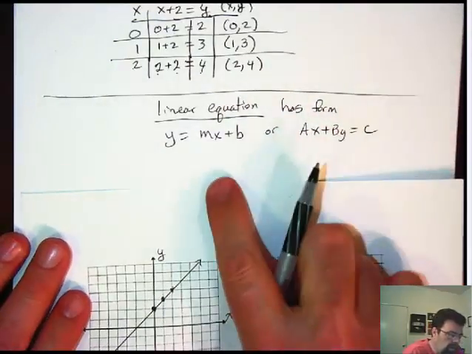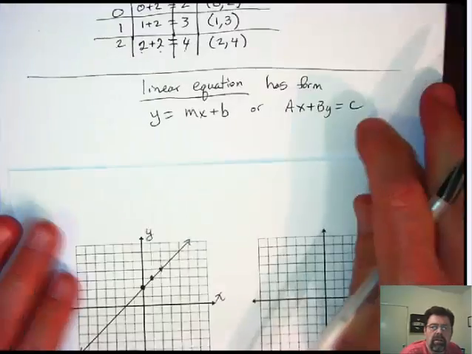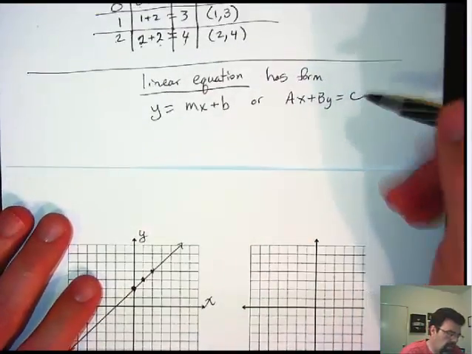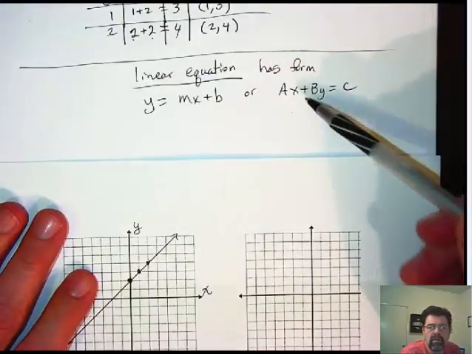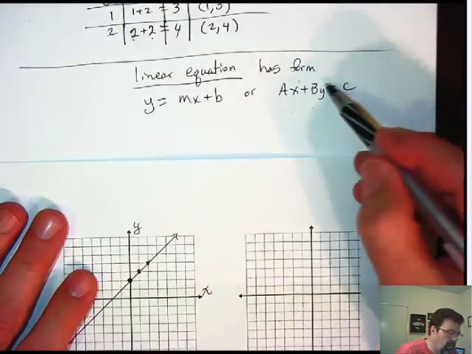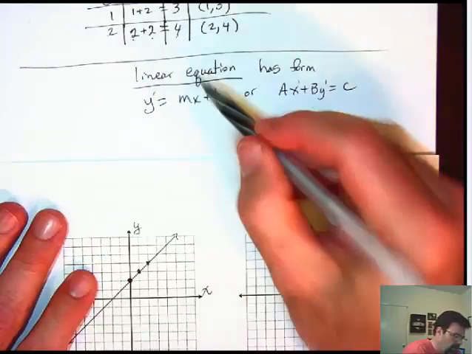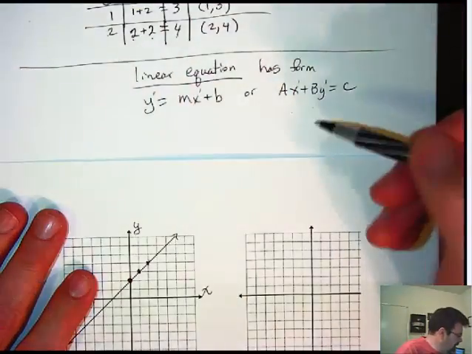So this is slope-intercept form, and standard form. And the thing that makes it linear is both x and y are just degree 1. They're just to the first power. That's what makes it linear. Now if you had an x squared, a square root, or absolute value, it wouldn't be a linear equation.